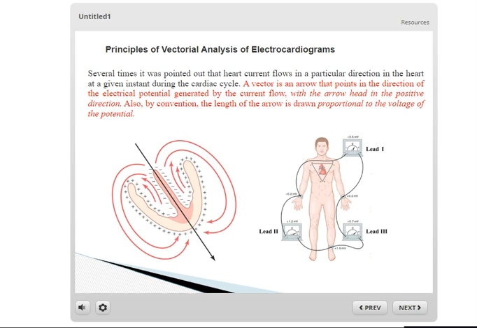So, as you know, a vector is an arrow that points in the direction of the electrical potential generated by the current flow, with the arrowhead in the positive direction. Also, by convention, the length of the arrow is drawn proportional to the voltage of the potential.